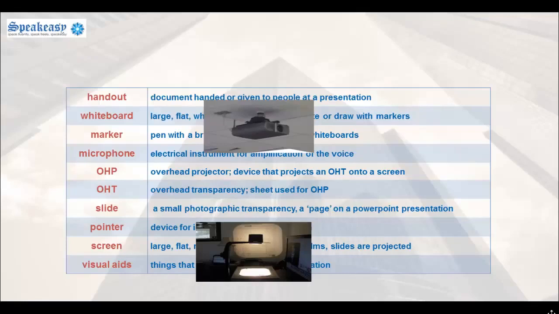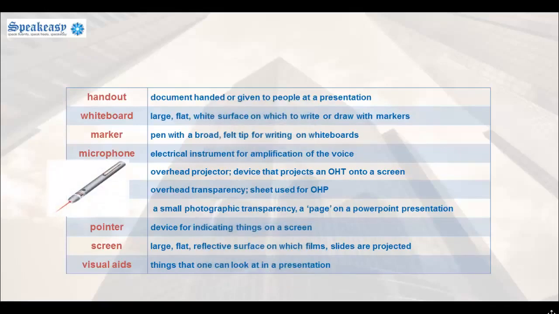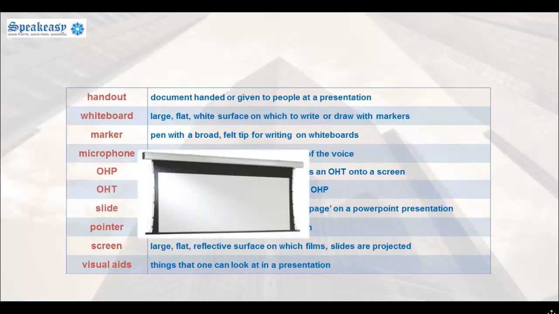A slide can also refer to a page on a PowerPoint presentation. Pointer. A device for indicating things on a screen. Screen. A large, flat, reflective surface on which films or slides are projected. Visual aids. Things that one can look at in a presentation.